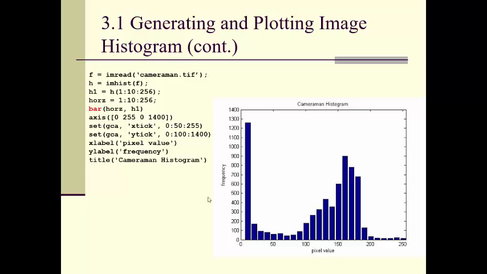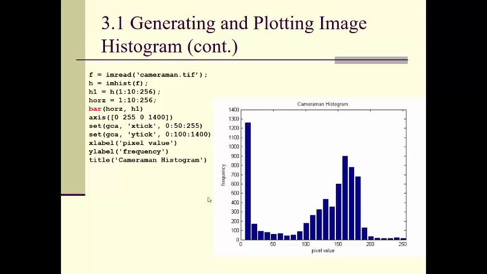Okay? Then after that we have the axis. Here we can control the range of the axis: from 0 to 255 for the horizontal axis, and from 0 to 1400 for the vertical axis. And these are the ticks that will appear here.